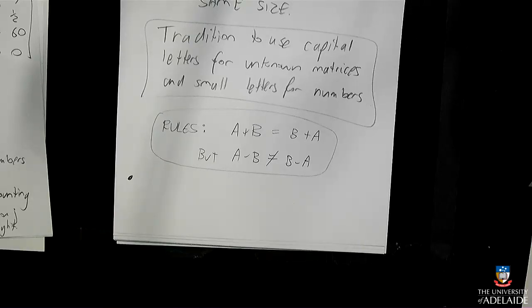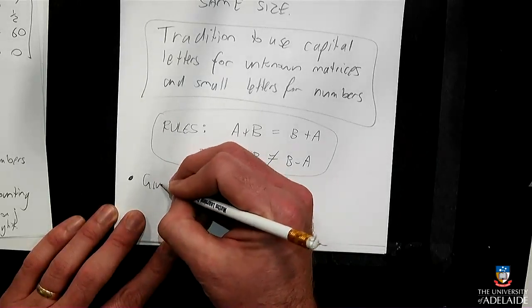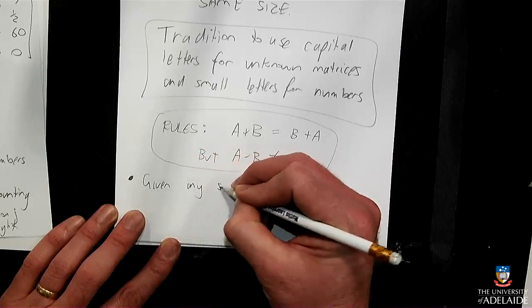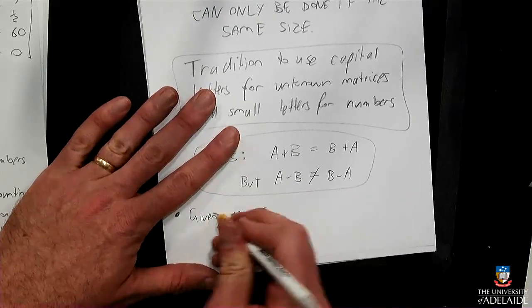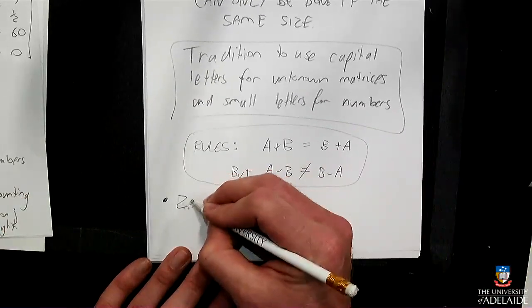Okay? And this is the appropriate place to have this special matrix. It's called the zero matrix.